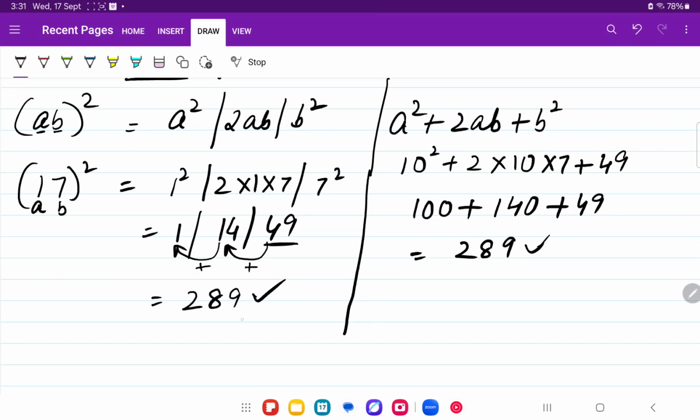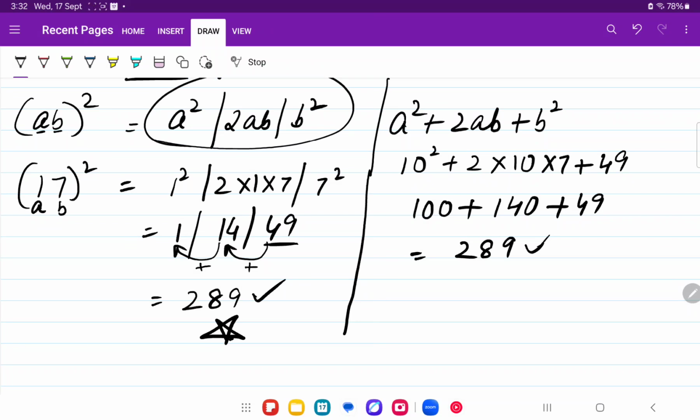Now I know this one is easier and obviously it's more likely to be taken up to solve, because you don't need any addition also in this one, isn't it? I think you all agree with me, right? So when we say square numbers, you are using this formula: a square, 2ab and b square.